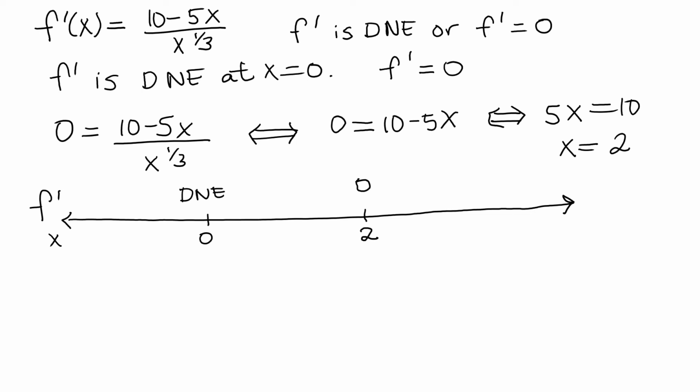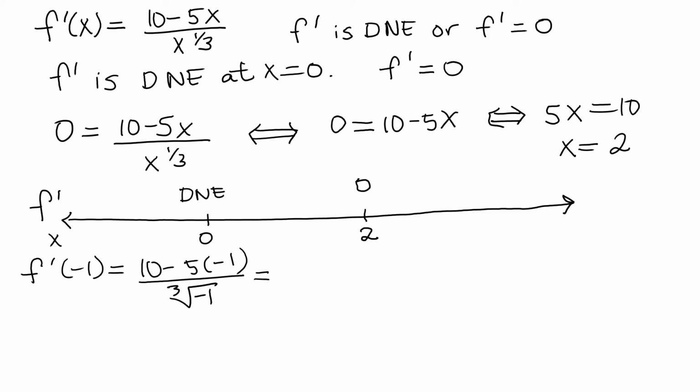So let's do that. Let's pick a number to the left of 0. So let's compute the derivative at -1. Put in -1 every place you have an x in the derivative function. That would look like 10 minus 5 times -1 divided by the cube root of -1.